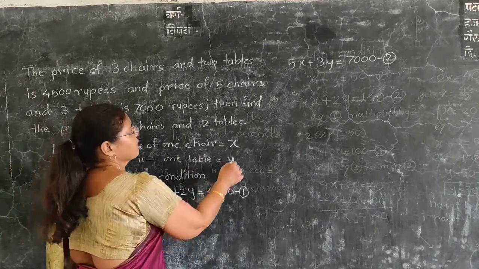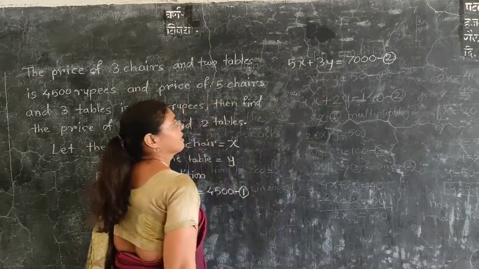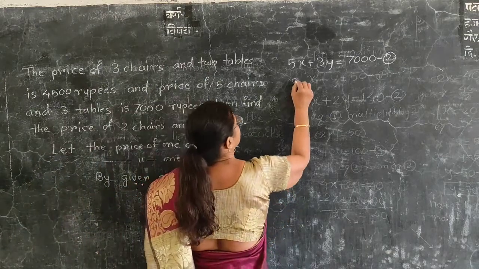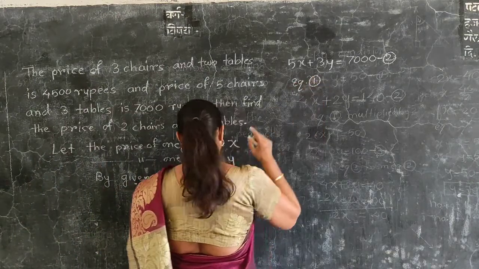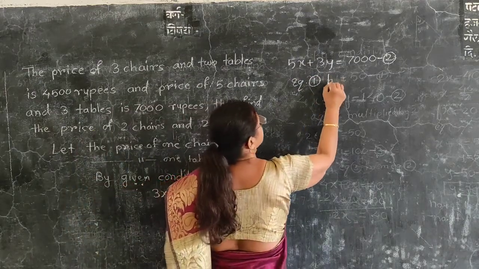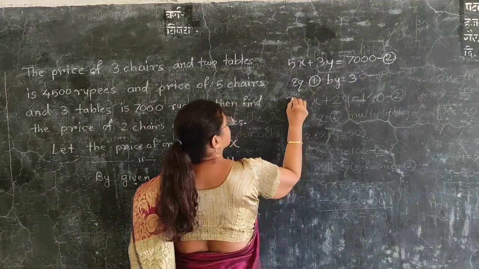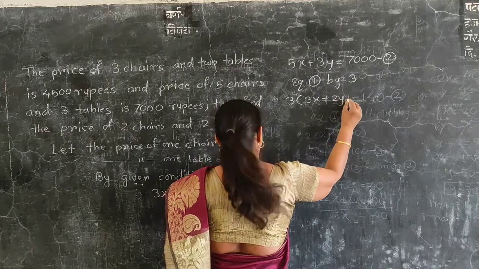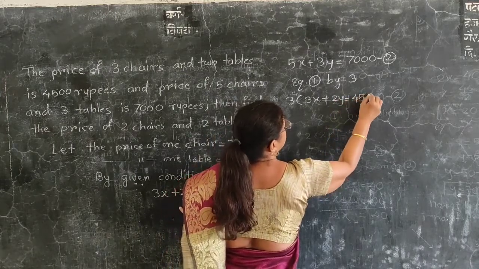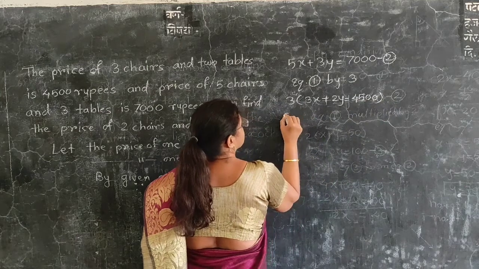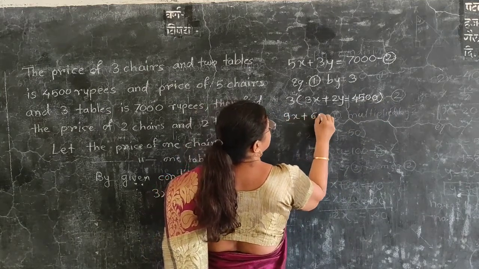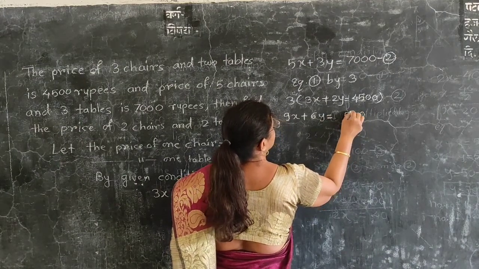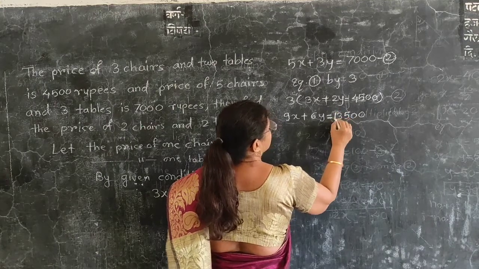So we can multiply both equations: the first equation by the coefficient of y in the second, and the second equation by the coefficient of y in the first. Let us multiply equation 1 by 3. So 3 into 3x plus 2y equals 4,500. It will be 9x plus 6y equals 13,500.